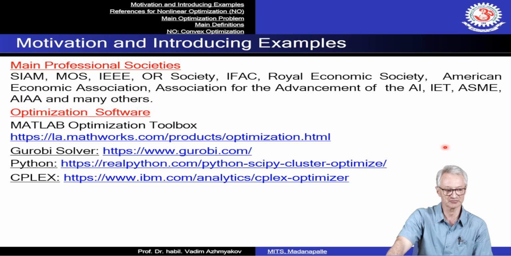I need to say that many companies, many big banks, many big industrial groups have proprietary software, so that the development of these companies is independent of common software. Under common software, I understand the MATLAB optimization tool. You can see here some links.